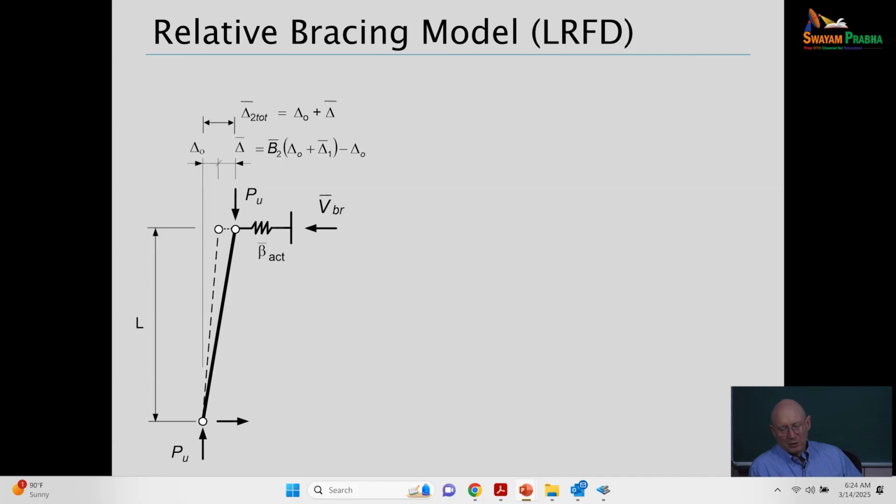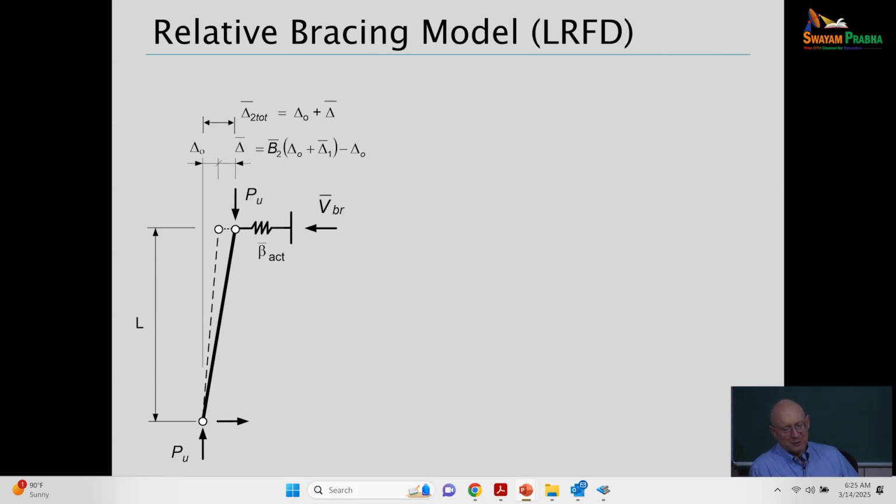Now I'm showing an additional delta bar 1, which is going to be confusing the way I've got it here. If this is a system that's tending to side sway under gravity load, then that side sway would be delta bar 1. Or if I happen to have a horizontally applied load at the top, that would also give me an additional deflection. So the subscript 1 means a first order calculation of side sway, and that's in addition to the delta naught.